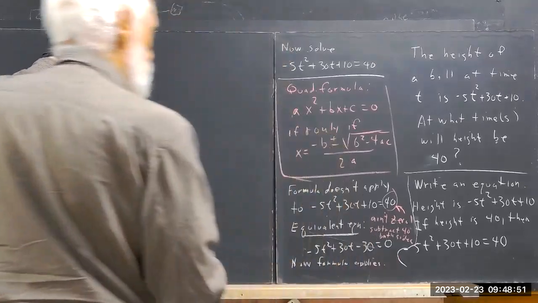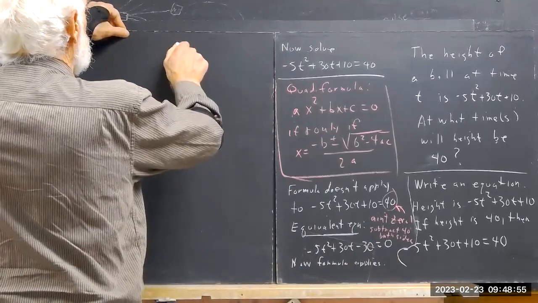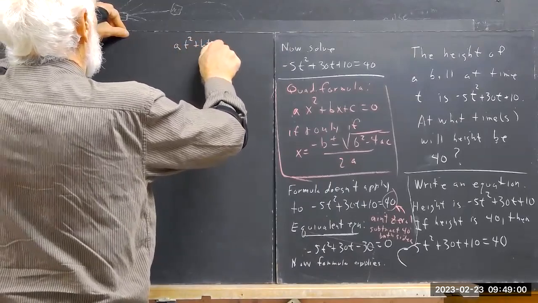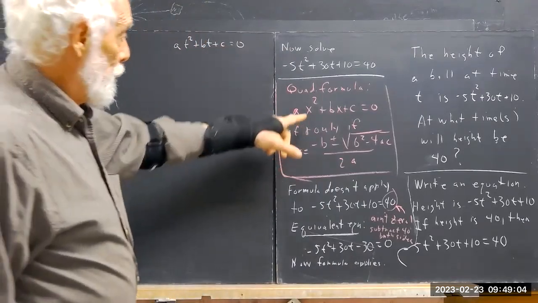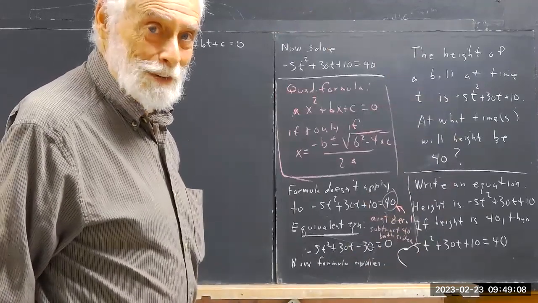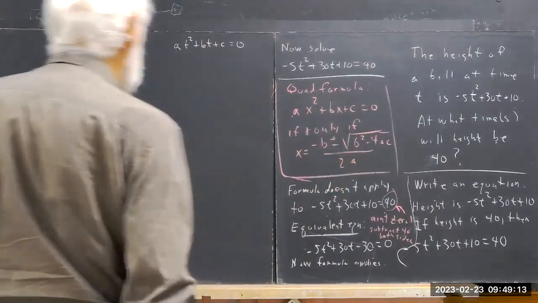Okay, now the formula applies. So again, we have... that's not x, it's t, and it doesn't matter whether that's x, t, aardvark, or anything else. Whatever your variable is, this is going to work for that variable.